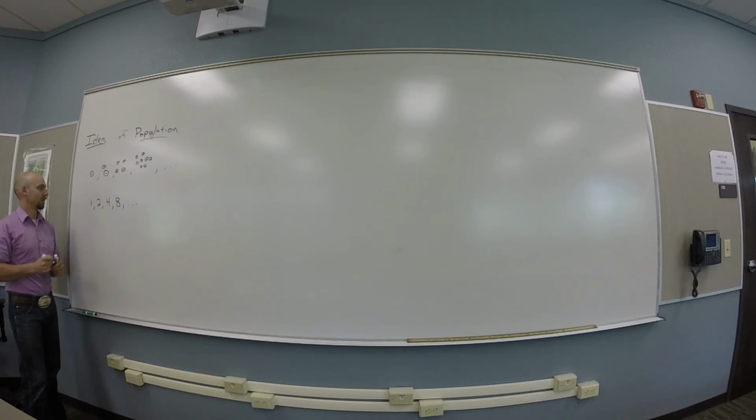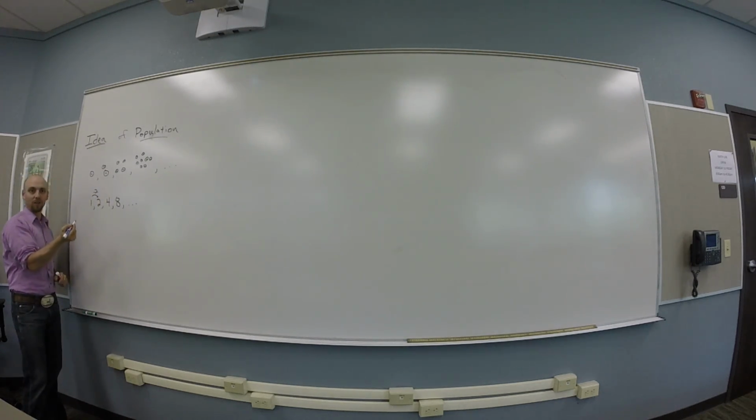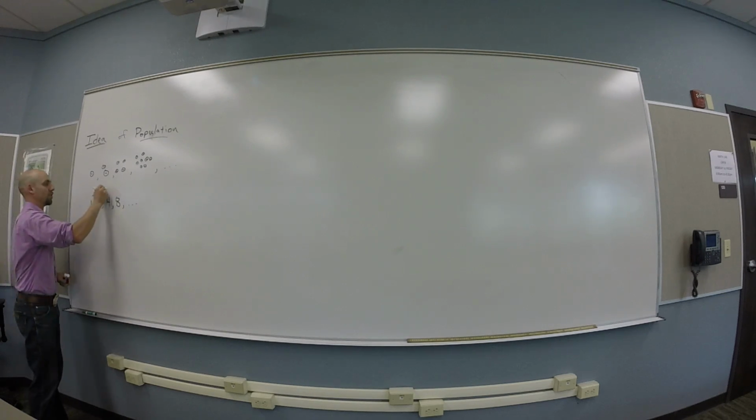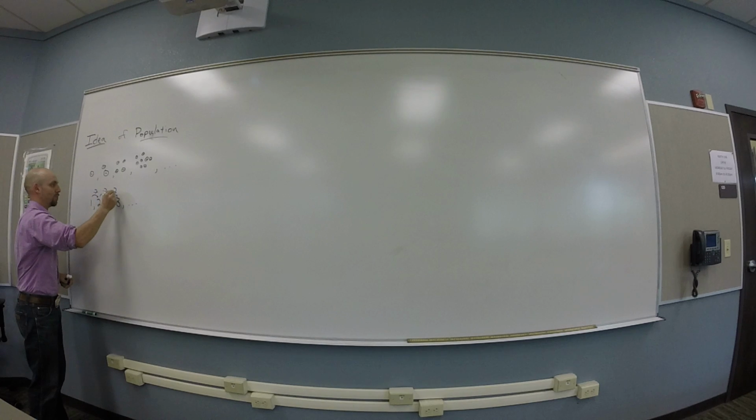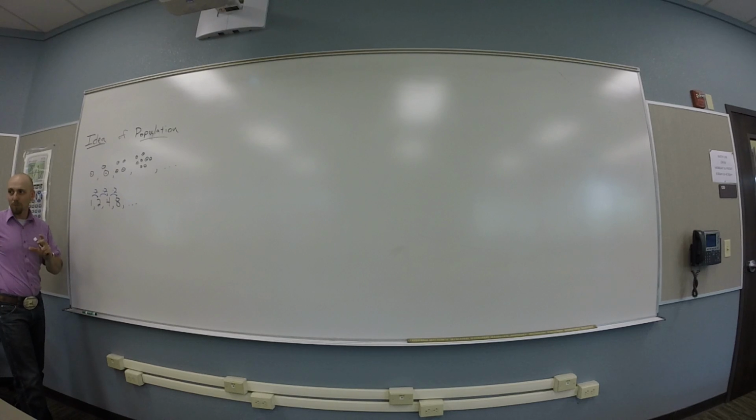Double. So this is multiply by 2. This next stage is multiply by 2, also multiply by 2. And now everyone's bored, because it's always multiply by 2.